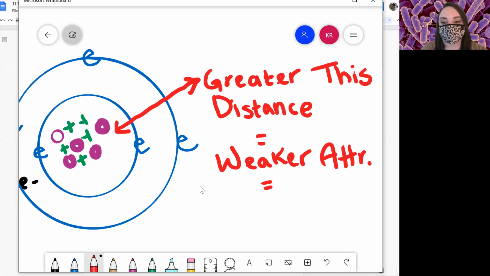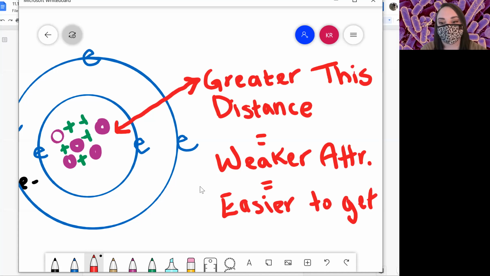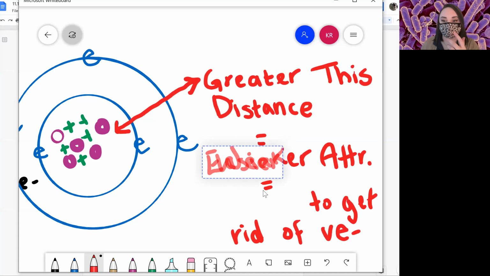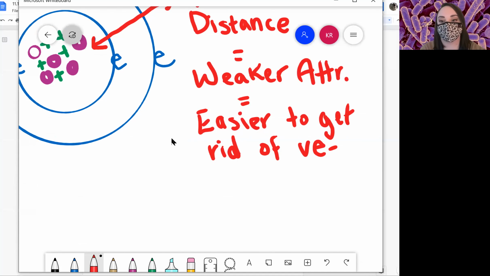If there's a weaker attraction, it's easier to get rid of the valence electrons. And if it's easier to get rid of the valence electrons, it is more reactive.